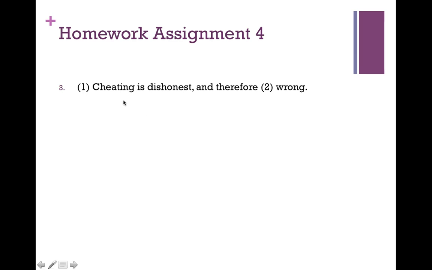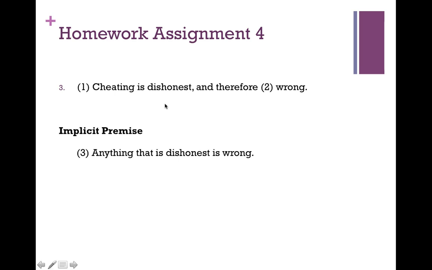But so here is our argument. Cheating is dishonest, therefore cheating is wrong. Well, what is this argument assuming? It has to connect dishonesty with wrongness in some way, and it's going to be something like this. Anything that is dishonest is wrong, or all dishonest acts are wrong, all dishonesty is wrong, something like that.